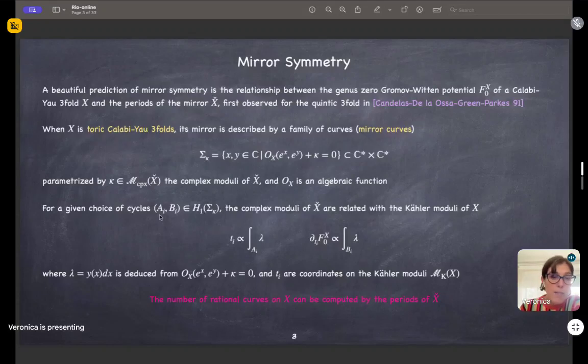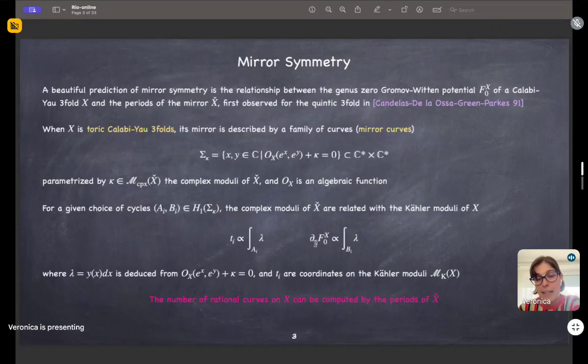If you consider a basis of cycles for this curve sigma, then the coordinates T_i, which are the coordinates on the Kähler moduli, the moduli space of X that parameterizes Kähler forms on X, are proportional to the A-period of this form lambda, which is essentially the one that you can read through the function O that defines the curve.